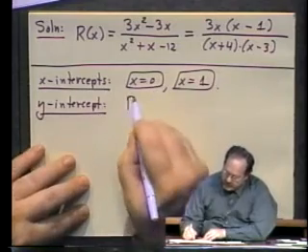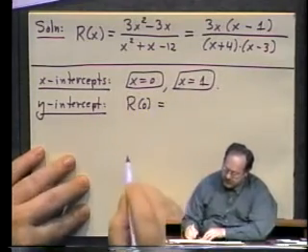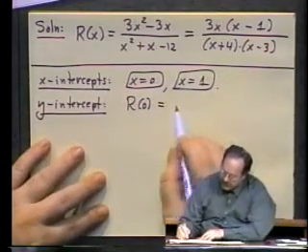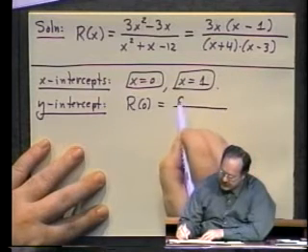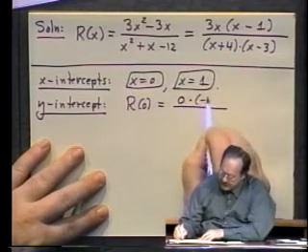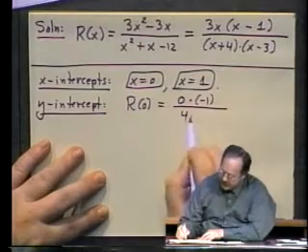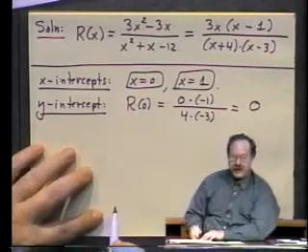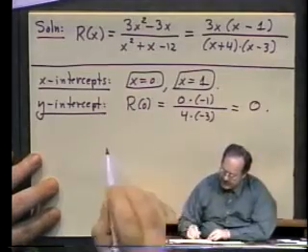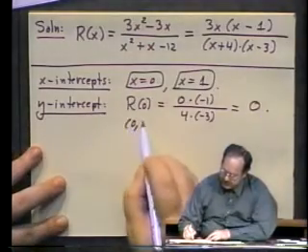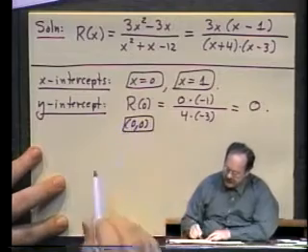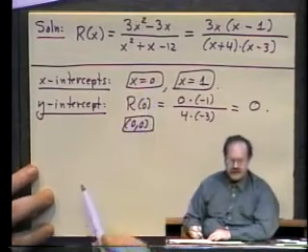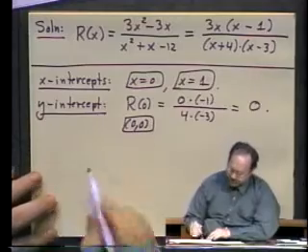To do that, I need to calculate r of 0, as you know. So I'll do that, and very easily, because I'll see that I have 0 times minus 1 on the top, and then I'll have 4 times minus 3 on the bottom. And since there's that 0 on the top, I get 0. That means I have the point 0, 0 as the y-intercept. Well, I already knew it was the x-intercept, so I didn't really learn anything new here.